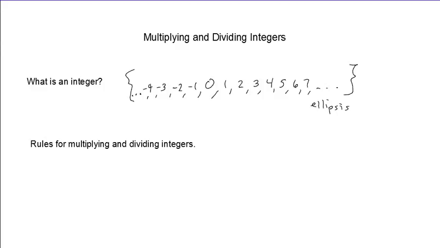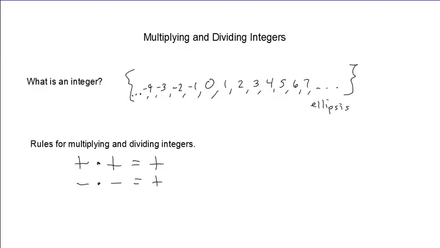The rules for multiplying and dividing are relatively simple. Remember, simple does not mean easy. Simple just means that it's not complex, and they go like this. For multiplication, if you multiply a positive number times a positive number, that gives you a positive. Similarly, if you multiply a negative number times a negative number, that gives you a positive.